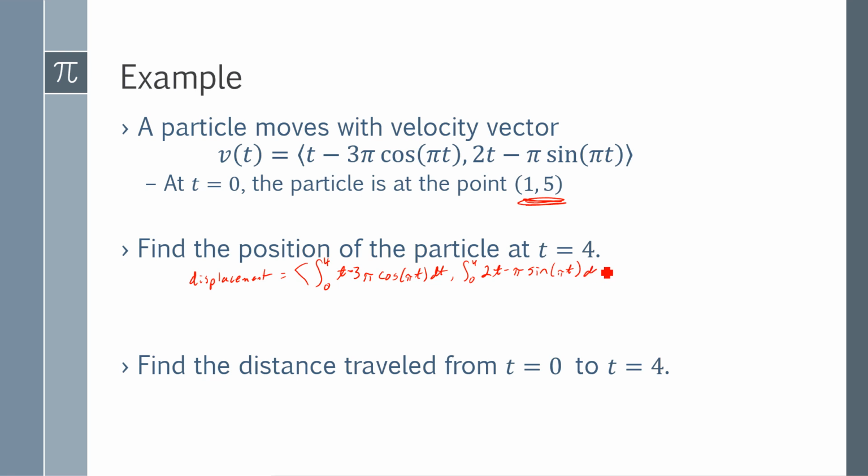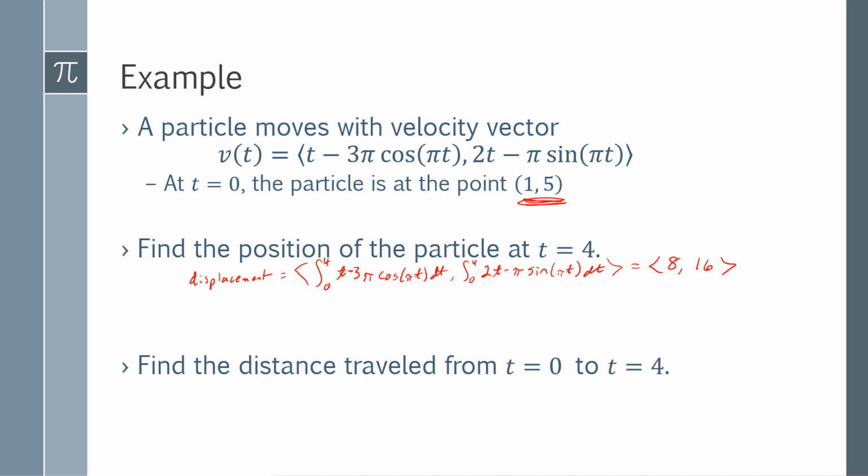I could do these by hand, but for the sake of time, I'm just doing this on my calculator. I get that this is going to be 8, 16. But that's not where I'm ending up. That's the change in position. From wherever I started, this is saying over the time of 0 to 4, I moved 8 units right, 16 units up.